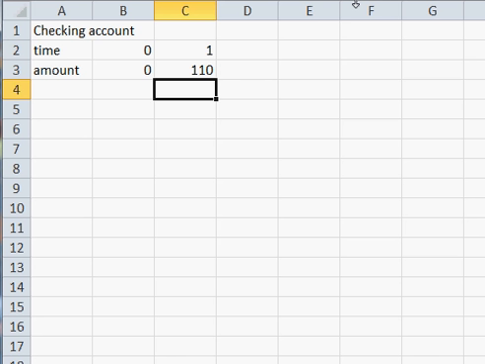So you've got someone offering the account, and they say, well, I'll sell you this account, there's no money in it now, but I'll put $110 in a year. So the natural question to ask is, if you were to purchase this account, what amount of money would be reasonable to pay to purchase this checking account? And that's an interesting question.